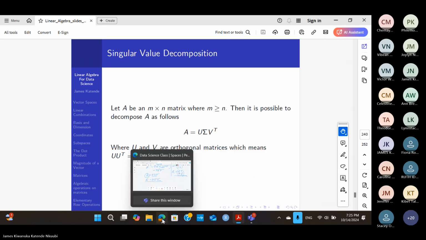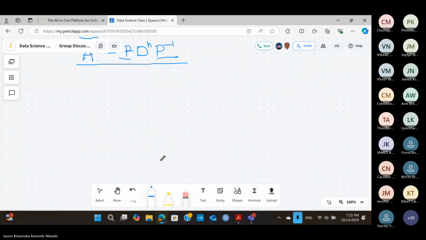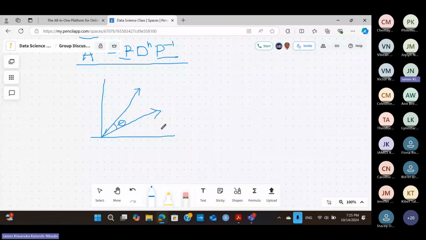So, for instance, if your linear transformation is a rotation, it will also be represented by a matrix. So if you want to get the eigenvalues for that matrix, it will be a bit difficult, because if you rotate a vector through an angle theta, it changes direction.